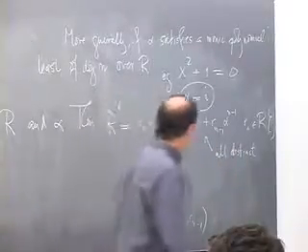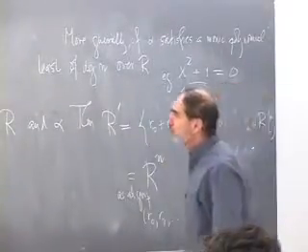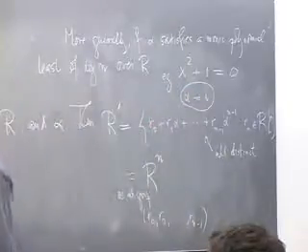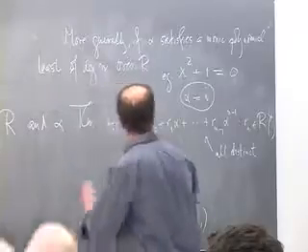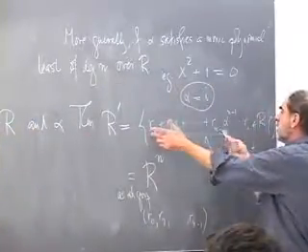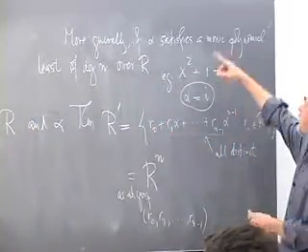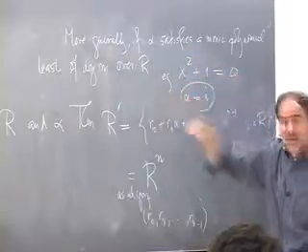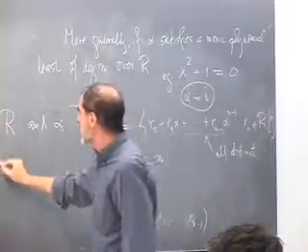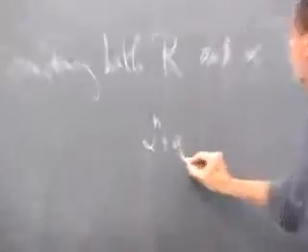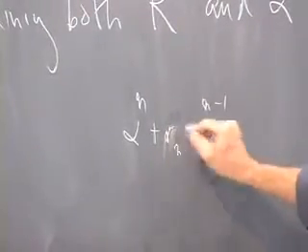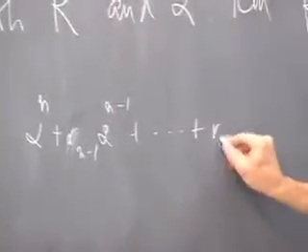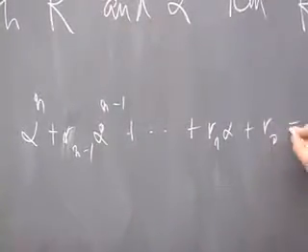The reason is that this ring consists of all polynomials, but once you get to alpha to the n, it can be expressed in terms of the smaller powers of alpha because it satisfies a monic polynomial of degree n, which says that alpha to the n plus R_{n-1} alpha to the n minus 1 plus ... plus R1 alpha plus R0 is equal to 0.